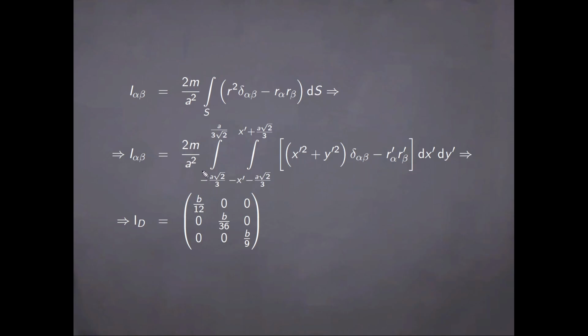So there will be surface integrals between these two endpoints for the x prime and y prime directions, integrated over quantities of this sort. And if you just set out and calculate them explicitly across all components, you will find that the form of the inertia tensor is already diagonal and should be the one given here.